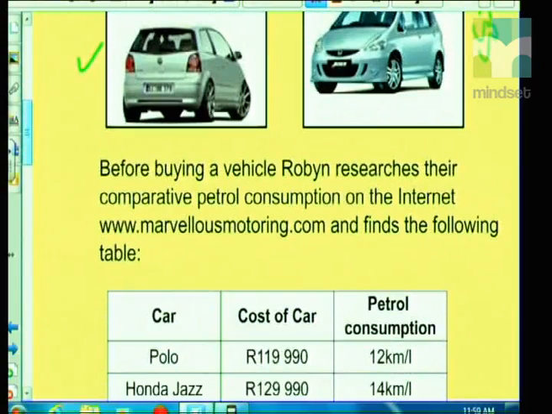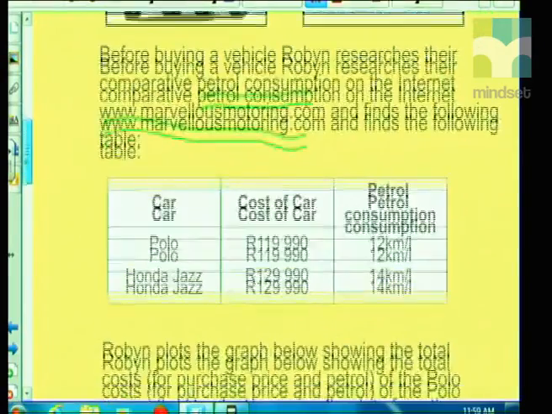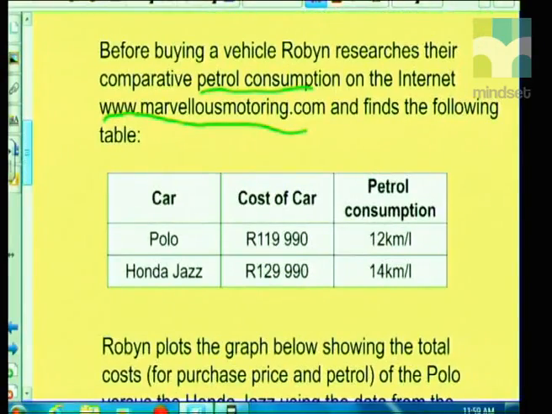So before buying the vehicle, Robin researches the comparative petrol consumptions on the internet, and she went to this site here, marvelousmotoring.com, and she finds this breakdown. So she fills in the cost of the car, the year of it, and she then gets the number of kilometers per litre.